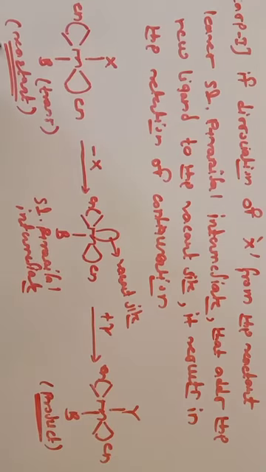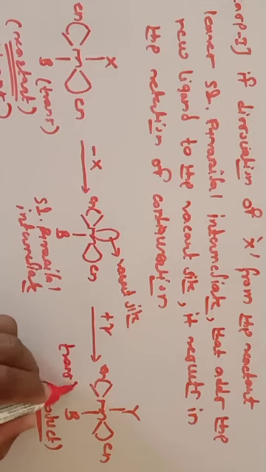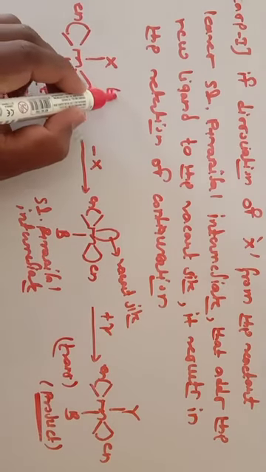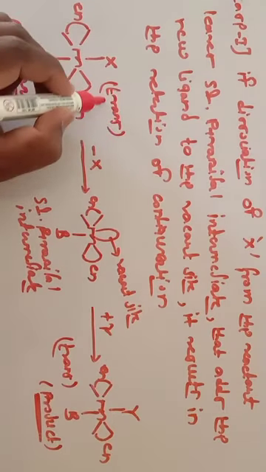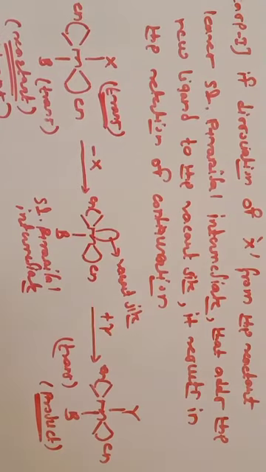The reactant is trans, and the product is also trans. The reactant having trans configuration and the product also having trans configuration indicates there is retention of configuration when the intermediate has square pyramidal geometry. So this is the first case.